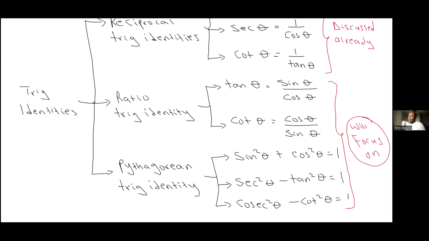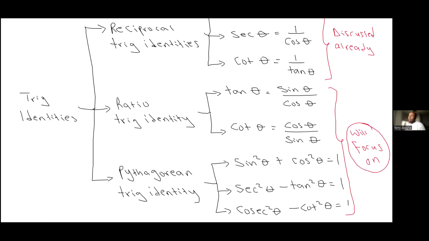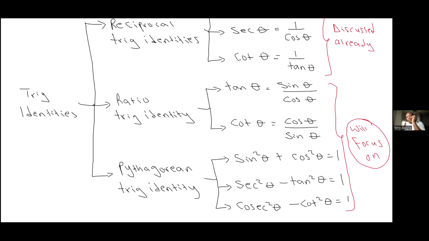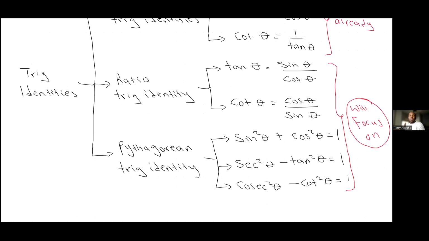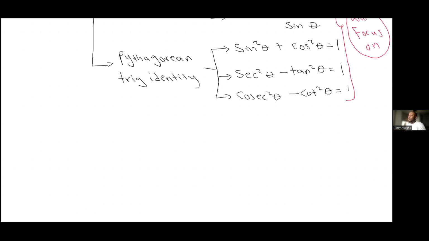The other types of identities I'm going to list now, I've talked about in the advanced trigonometry video. So I'm just going to say them here, but you don't really need to know them for this video series; for the advanced, you need to know them. So I'm going to list them here. The other trig identities, we have trig identities of complementary angles.